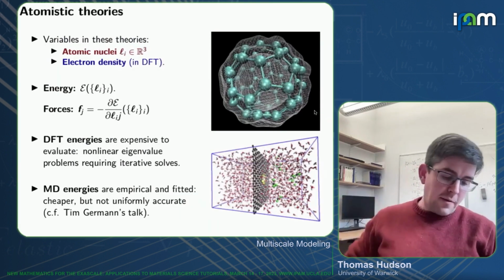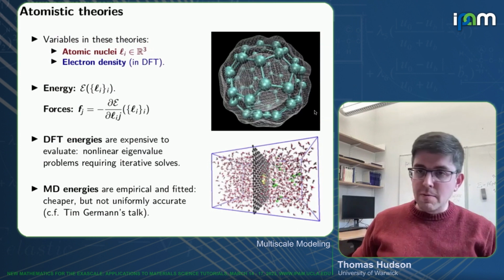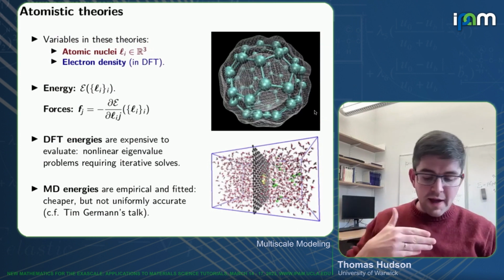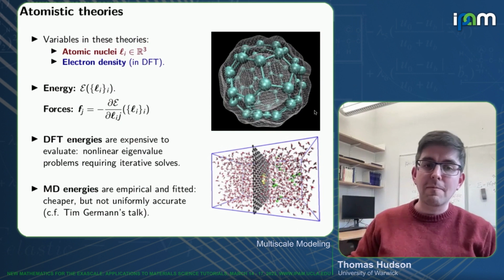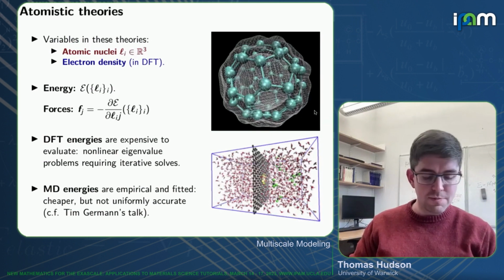On the other hand, as has been talked about, I think, in Tim Gurman's talk, there are plenty of models for easy to evaluate potential energies that describe interactions between nuclei of different species and that are used for molecular dynamics.